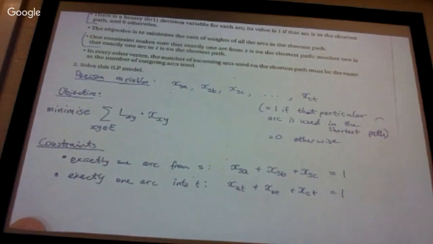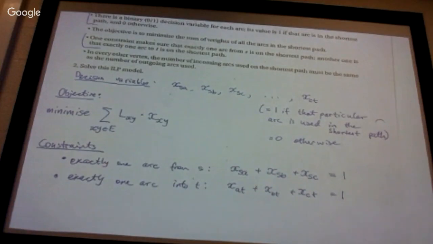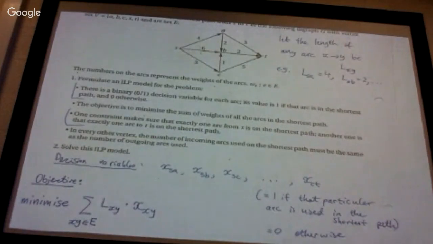And then for the remaining vertices, so for A, B, and C in this case, you want that if you come there, then you have to leave. And if you don't come there, then you can't leave.